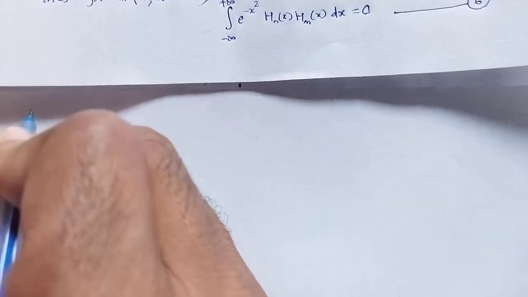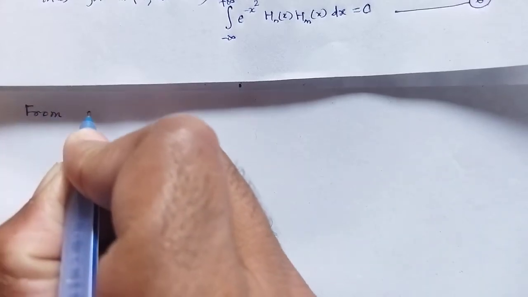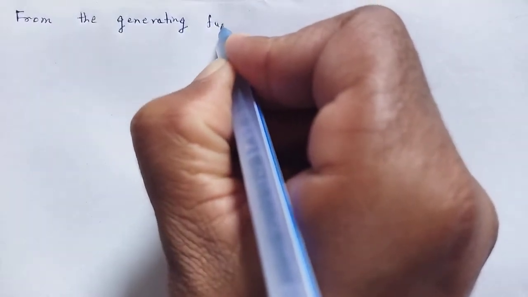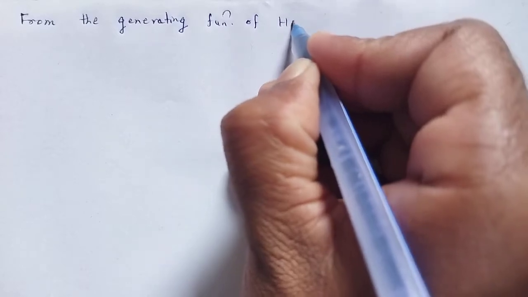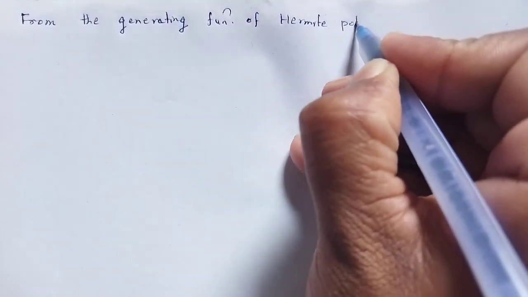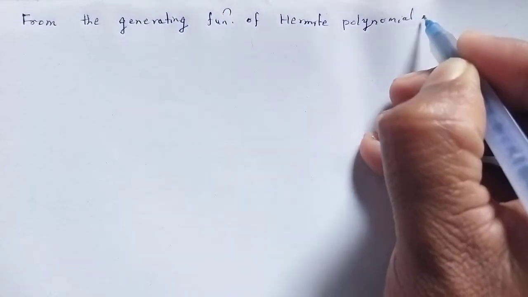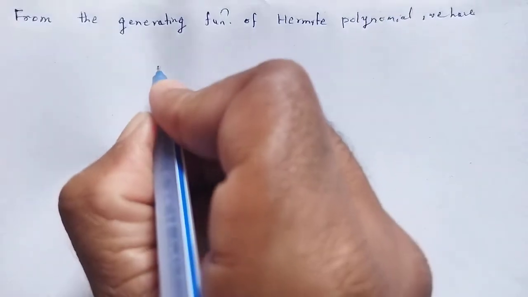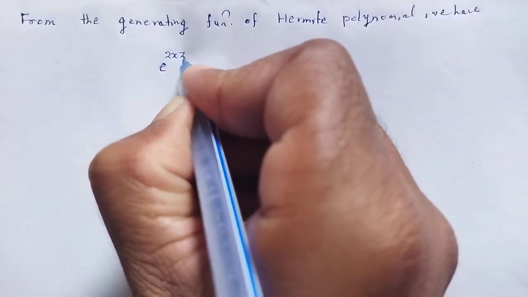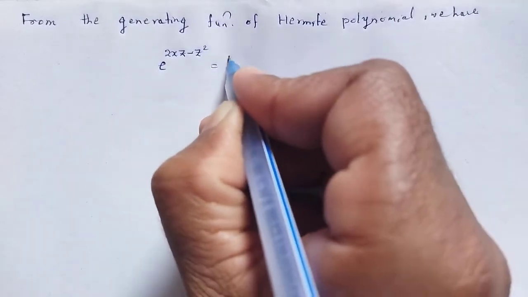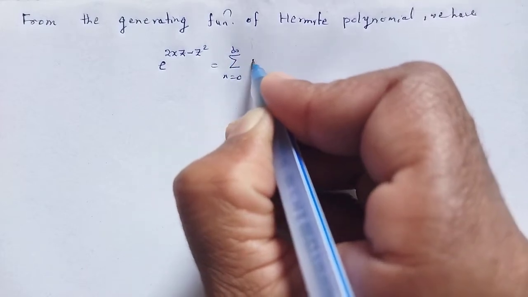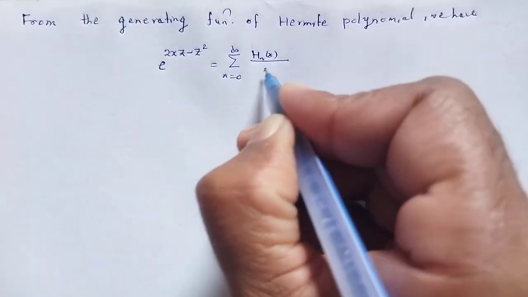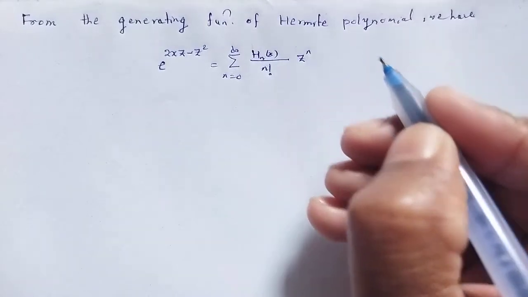From the generating function of Hermite polynomial, we have e to the power 2xz minus z square is equal to summation over n from 0 to infinity Hn(x) upon n factorial z to the power n.